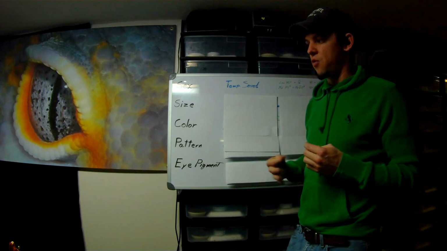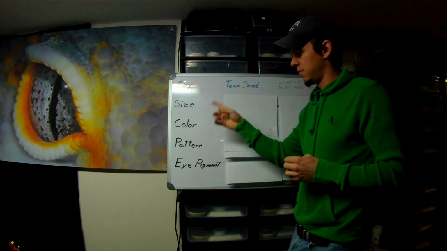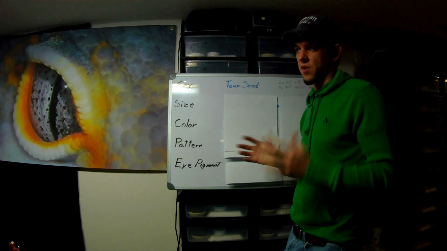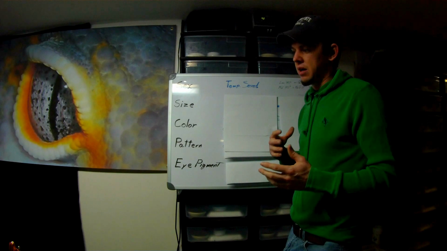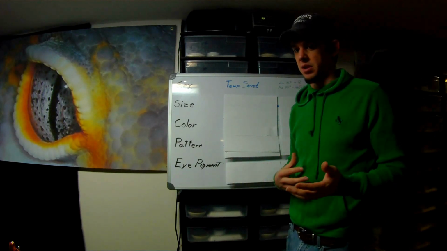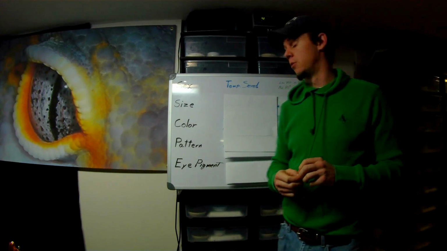Before we start into the genetics, we'll go over these first, because the first thing you should learn is what you can manipulate before you learn the genetics of how to manipulate it. This is basically breeding 101.